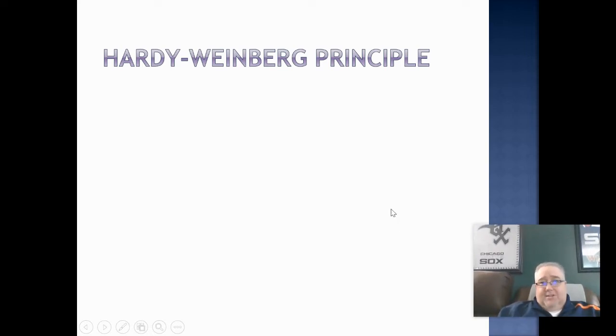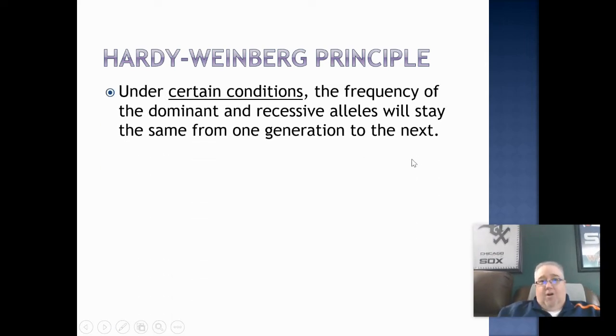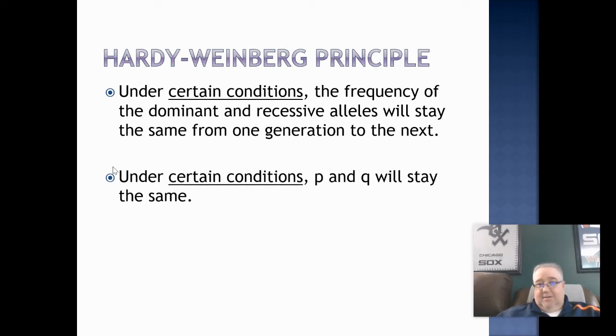Well, that leads us to an interesting scientific principle. It's called the Hardy-Weinberg principle. And what the Hardy-Weinberg principle basically says is that under certain conditions, and I've highlighted that, certain conditions, the frequency of the dominant and recessive alleles will stay the same from one generation to the next.